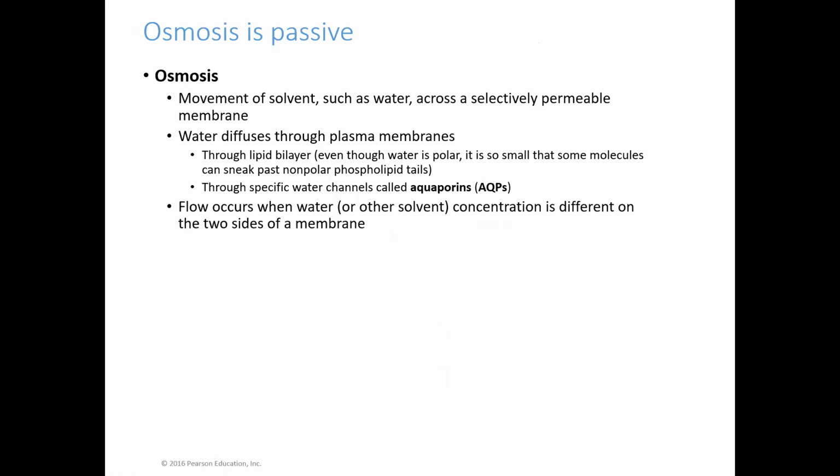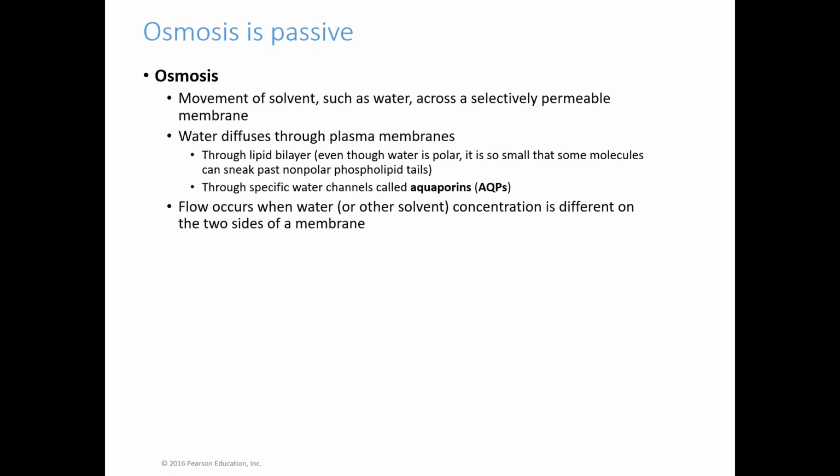Now, the third type of passive process is osmosis. We talk a lot about osmosis. Osmosis is the movement of water across a membrane from a region of high water to low water. What do I mean by high water or low water? Well, what is the percent solute concentration on one side of a membrane?